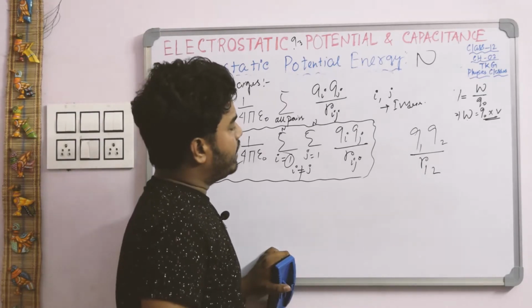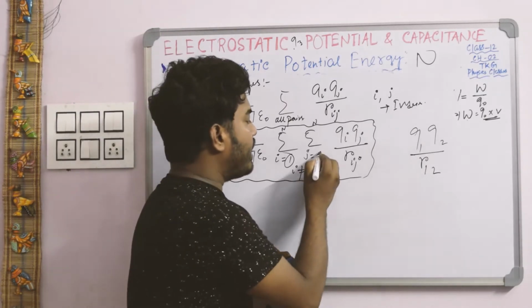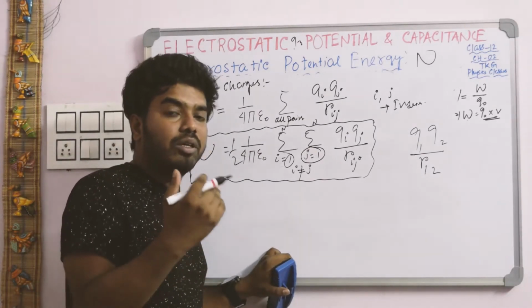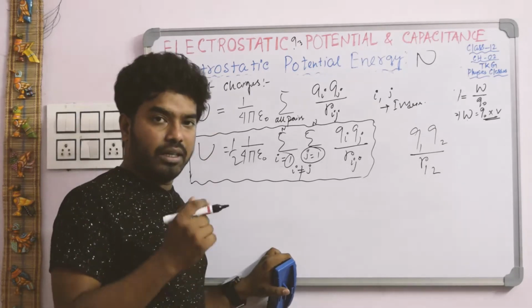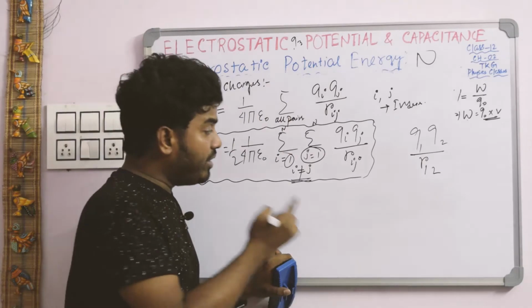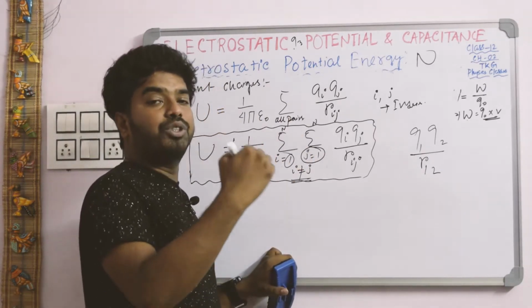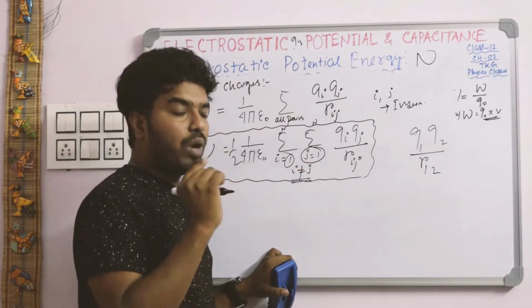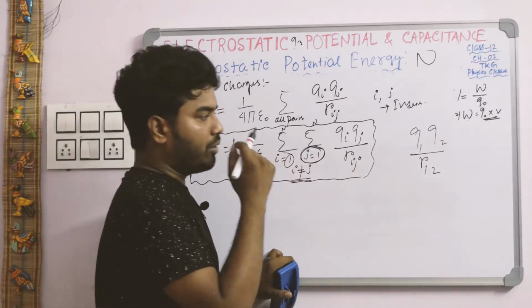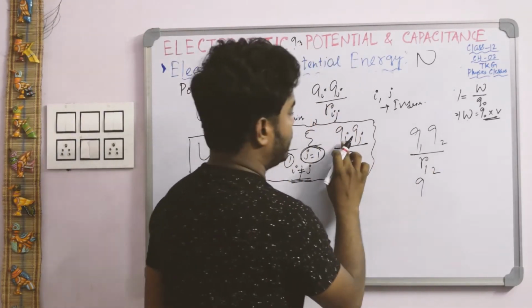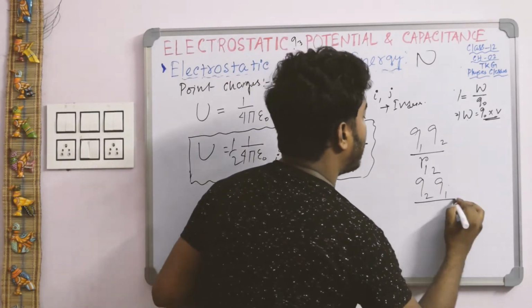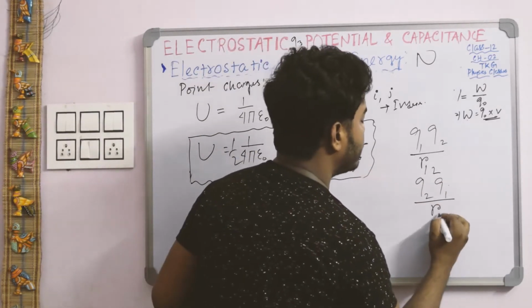Now, if I consider j is equal to 1, then what will be the starting value of i? i will be 1? No, there is a condition, i not equal to j. When j is equal to 1, i will be 2, 3, 4 up to n, but not 1. So suppose j equal to 1 and i equal to 2, then the formula is Qi, that is Q2, Qj, that is Q1, by Rij, that is R21.